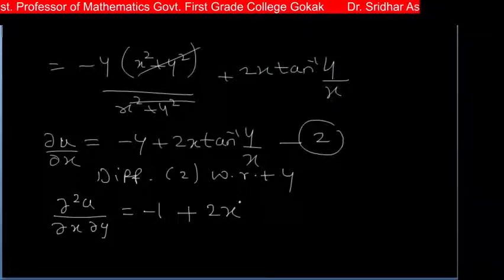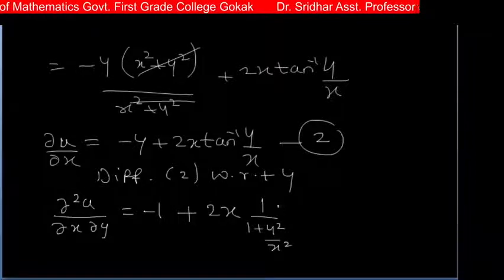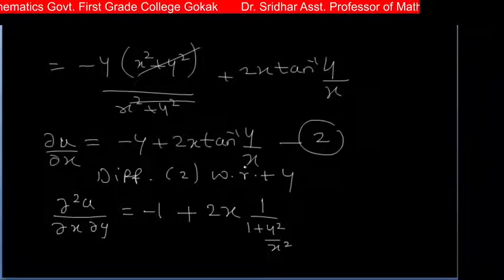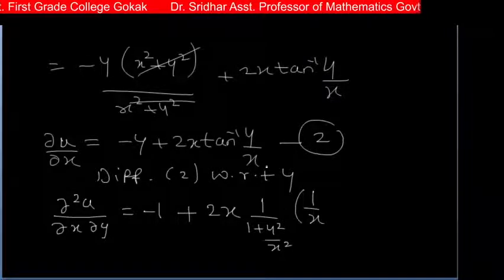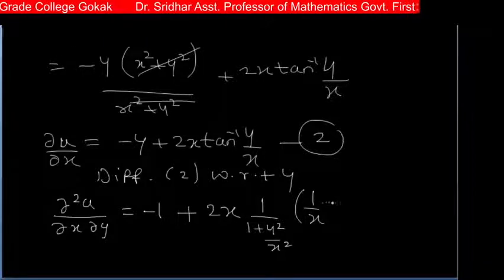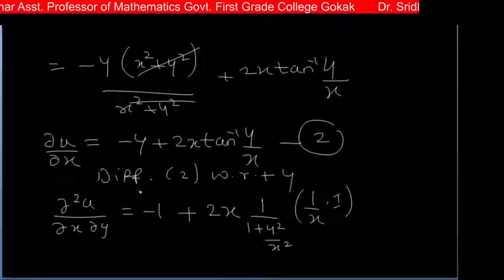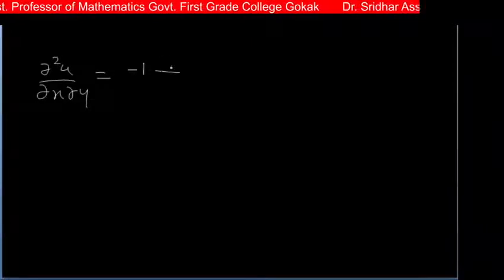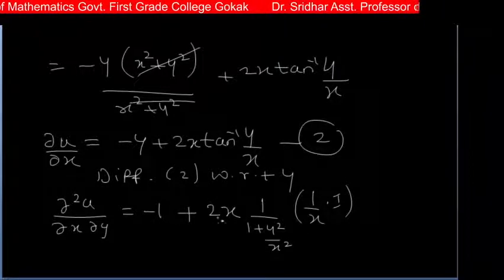Now differentiation of tan inverse of y by x is 1 divided by 1 plus y square by x square, and again differentiation of y by x, but x is constant, so 1 by x is constant, differentiation of y with respect to y is 1. Okay. So this takes the form dou square u by dou x dou y is equal to minus 1 plus, now here take x, x gets cancelled.